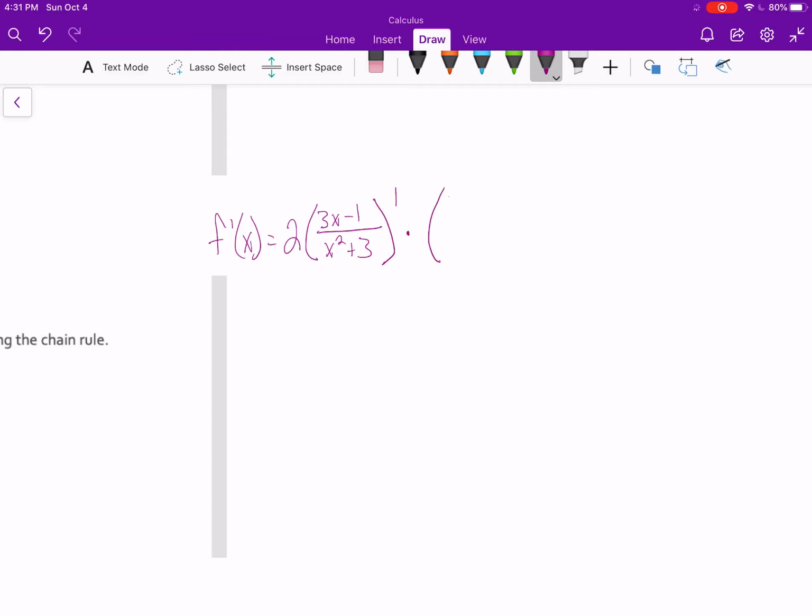So the derivative of the inside is low d high minus high d low all over low squared.